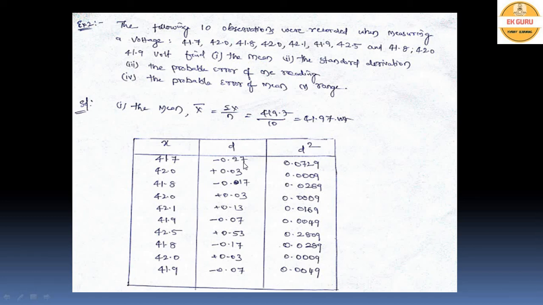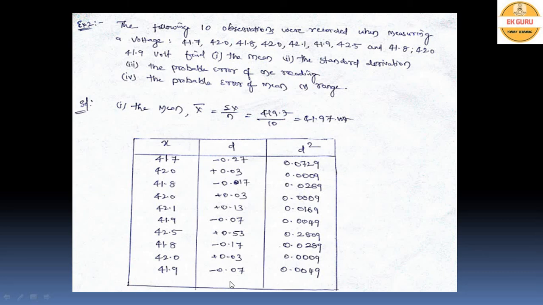That is minus 0.27. Deviation d2 is equal to x2 minus the arithmetic mean: x2 is 42 minus 41.97, which is a positive value. And d3 is 41.8 minus 41.97, which is minus 0.17.